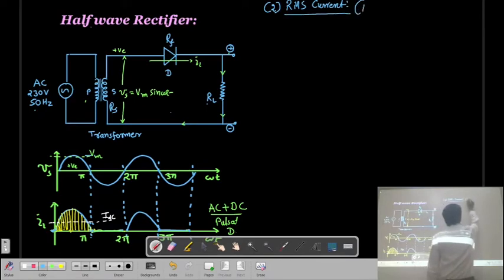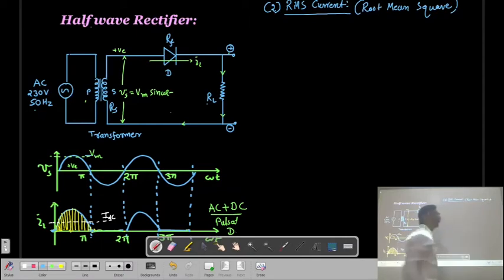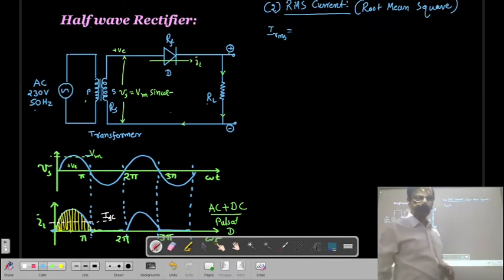RMS current, you already know, is known as the root mean square value. Correct? So here I_RMS is defined as follows. Now remember why we have to calculate the RMS value.